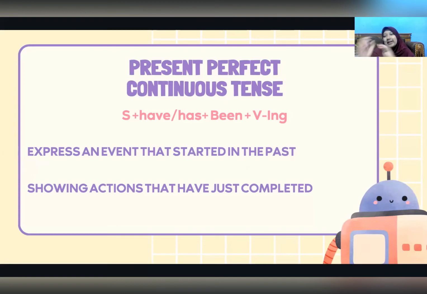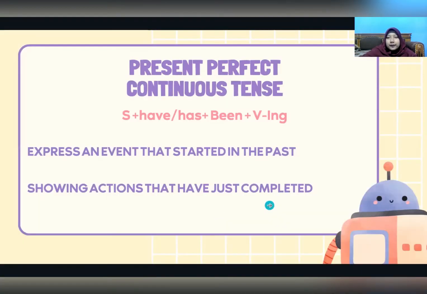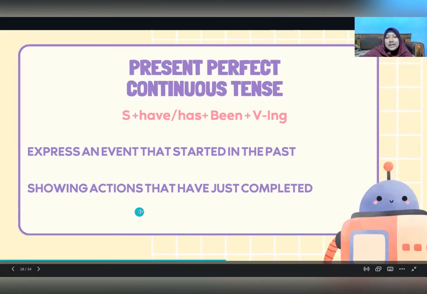The event is still ongoing in the present. The airplane sentence is also present perfect continuous because it shows an action that has just been completed.